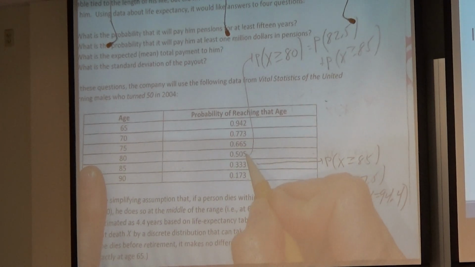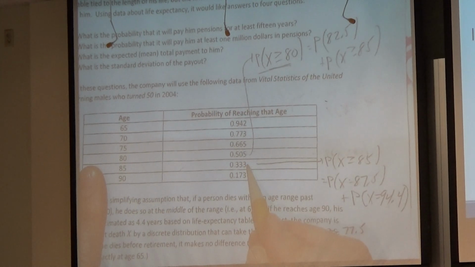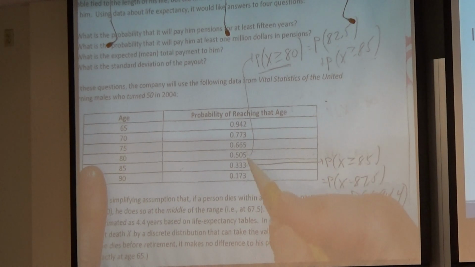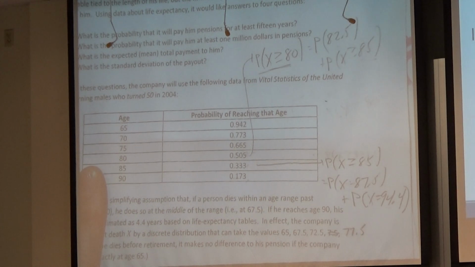So I've got 0.505, that's the probability I get to 80. And here, 0.333, that's the probability I got to more than 85. So if I want this one, I just subtract 0.505 minus 0.333. So that's got to be the probability I get to exactly 82.5.